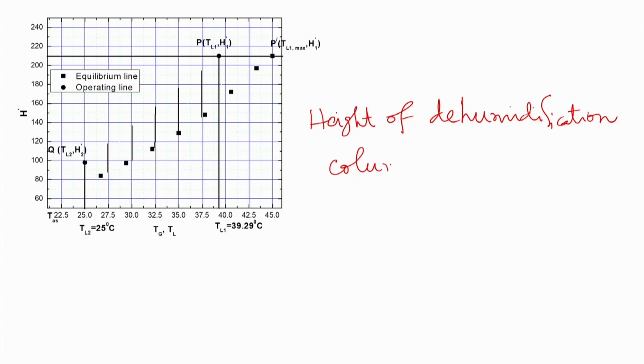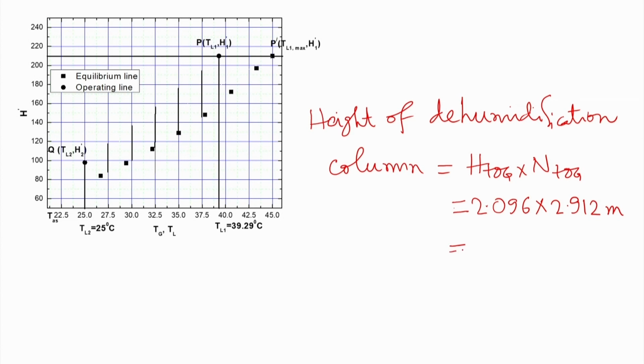Now we have this HTOG and NTOG, and from there we will get the height of the dehumidification column. The total height of the dehumidification column is equal to HTOG into NTOG, that is 2.096 into 2.912 meter, which is nothing but 6.104 meter.